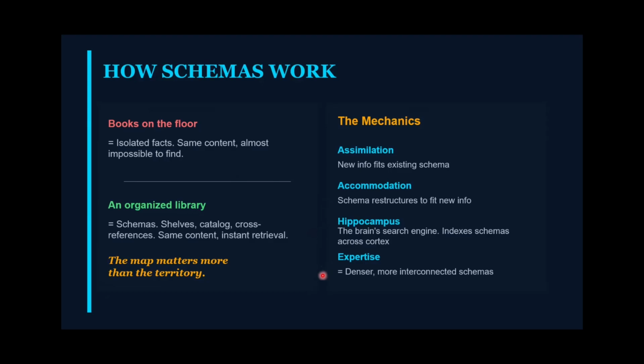And now, expertise equals denser, more interconnected schemas, right? So the more intelligence you have, the more expertise, the more practice you have with a particular topic or anything else that you're learning, you're going to have more dense, interconnected schemas. And this can work in your favor, but it can also work against you for obvious reasons.